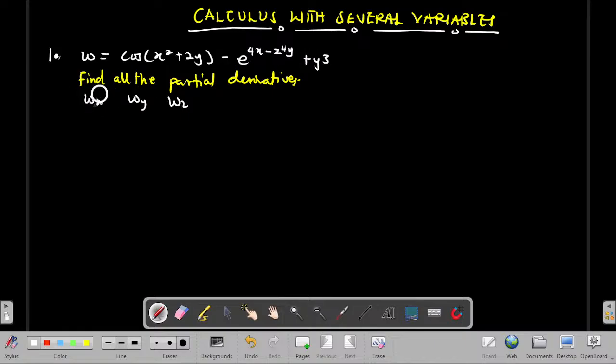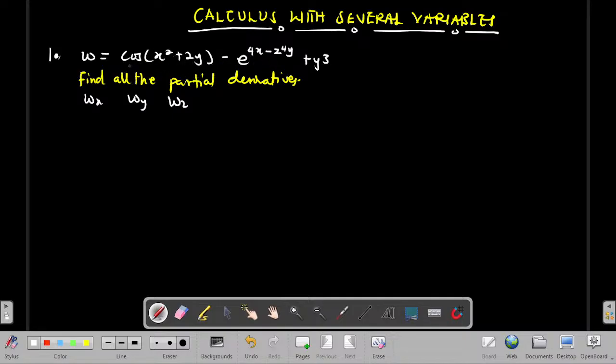If you are handling w sub x, close your eyes and assume that anything not x is a constant, simply a number. If you are doing w sub y, then anything which is not y is a number, which you don't think about. And finally, we have w sub z, where we treat z as the variable.